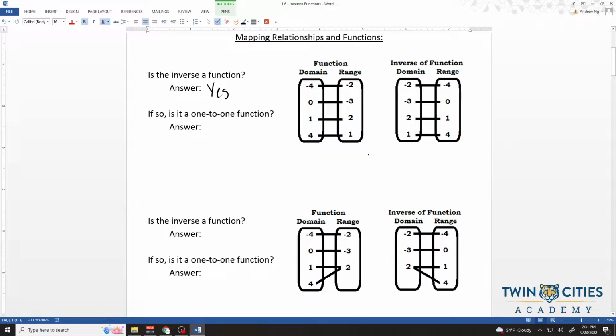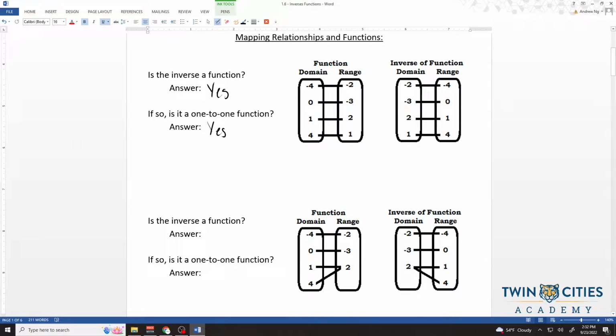And in fact, this is also a 1-to-1 function because each element of my x is paired to each element of my y 1-to-1. There's only one x for every one y, and vice versa, only one y for every one x. So not only is the inverse a function, but it's also a 1-to-1 function.